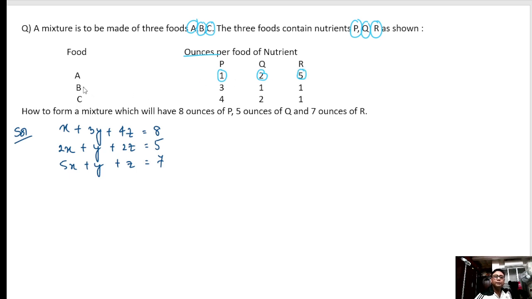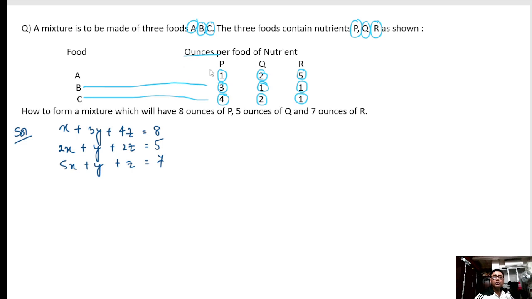Similarly for food B you have to give P nutrient as 3 ounce, Q nutrient 1 ounce, R nutrient as 1 ounce. For the food C you have to give P nutrient as 4 ounce, Q nutrient as 2 ounce and R nutrient as 1 ounce.